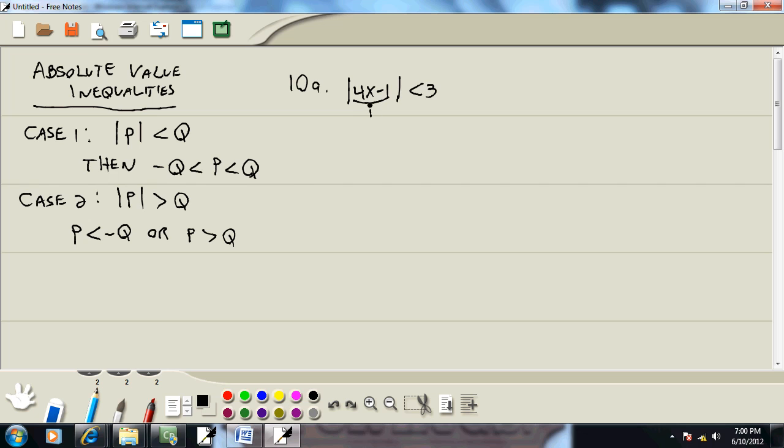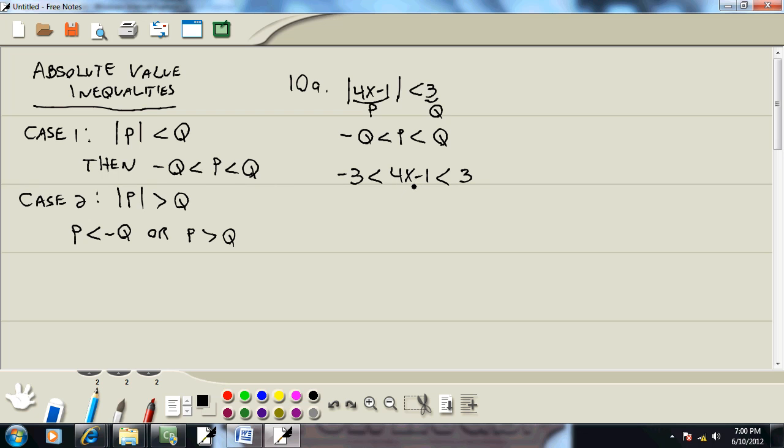And what's inside the parentheses will be our P, and the other side is our Q. And our formula says negative Q is less than P is less than Q. So now everywhere we have a P, we'll plug in 4x minus 1, and everywhere we have a Q, we'll plug in 3. So this becomes negative 3 is less than 4x minus 1 is less than 3.